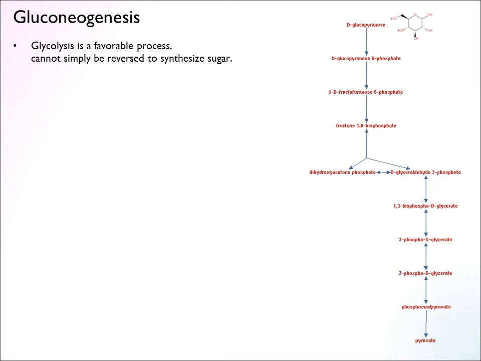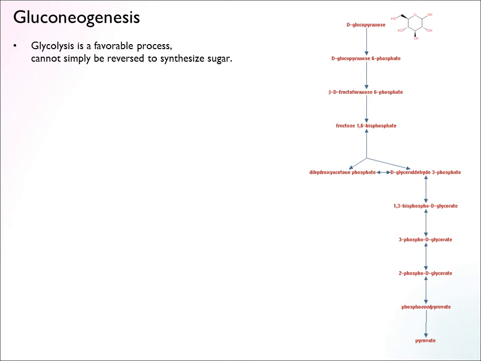If you start with lactate, you first have lactate dehydrogenase. This is this step. And then you have pyruvate. I'm not showing it here, but that's the intermediate. And then you have an ATP requiring step. So here's where you have to put in extra energy to be able to reverse this. You have an enzyme known as pyruvate carboxylase, which can add a carbon dioxide group onto pyruvate to make oxaloacetate.